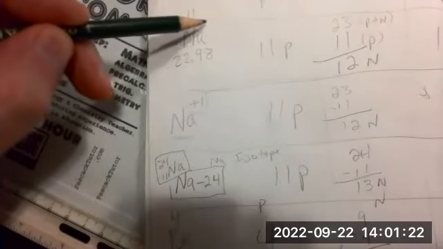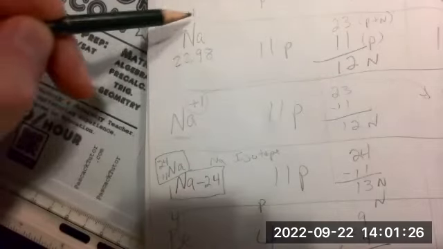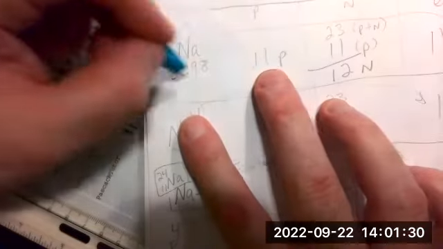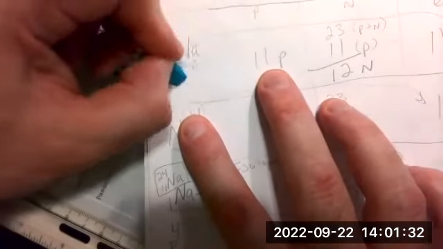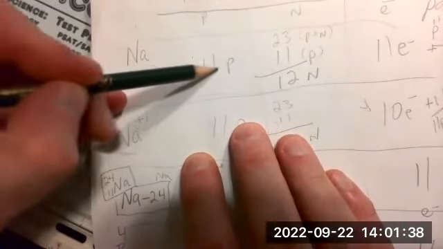So how do you know what you're looking at? When you look at something like this, which has no charge and no whole number for a mass, this just came off the periodic table. I could have just written it like this and asked you for the number of protons, neutrons, and electrons. You'd go to the periodic table and say, oh, it's number 11, so it has 11 protons.